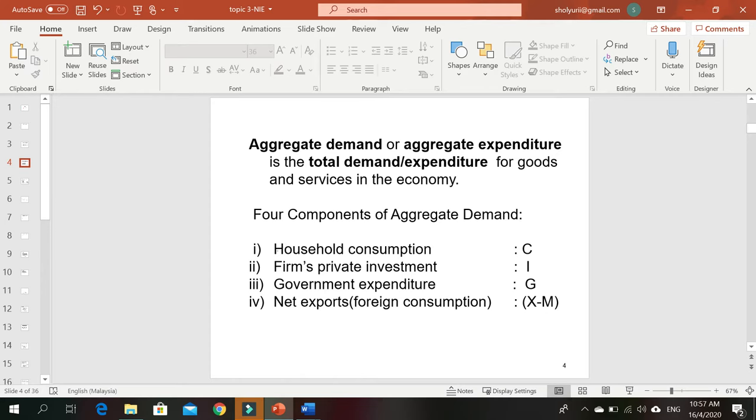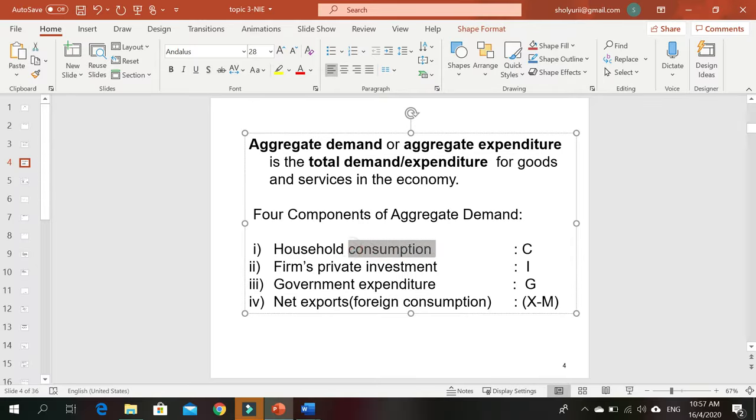So, kalau perbelanjaan household, kita panggil sebagai consumption. C. Untuk firm, perbelanjaan dia kita panggil sebagai investment. Of course, investment sometimes student confused. Student kata, investment perbelanjaan ke kan dia dapat suntikan duit. So, itu macam duit masuk, bukan duit keluar kan? Yeah, of course dia adalah duit masuk. The thing is, when you borrow money for the funding of your business, you need to pay back, right?